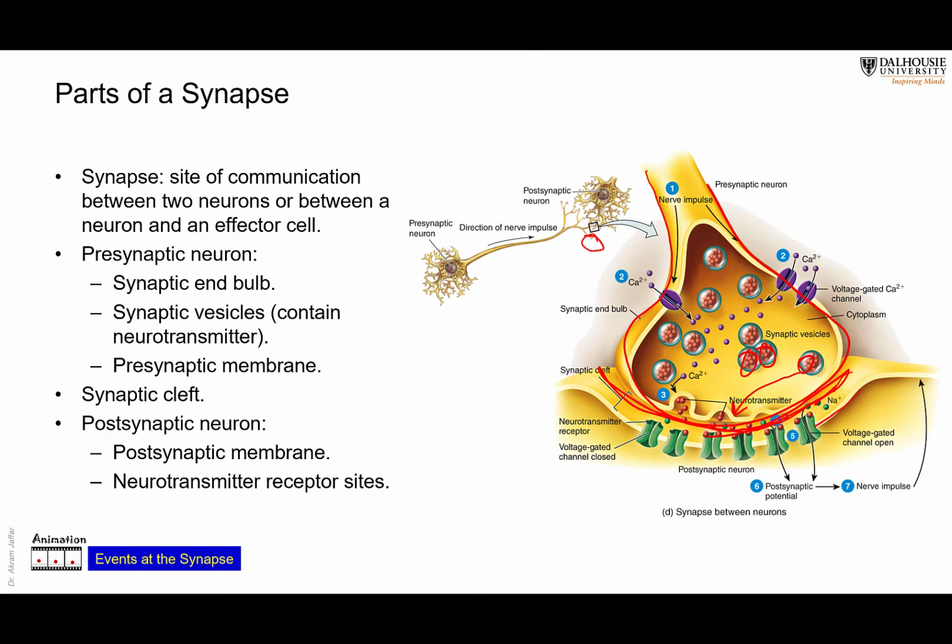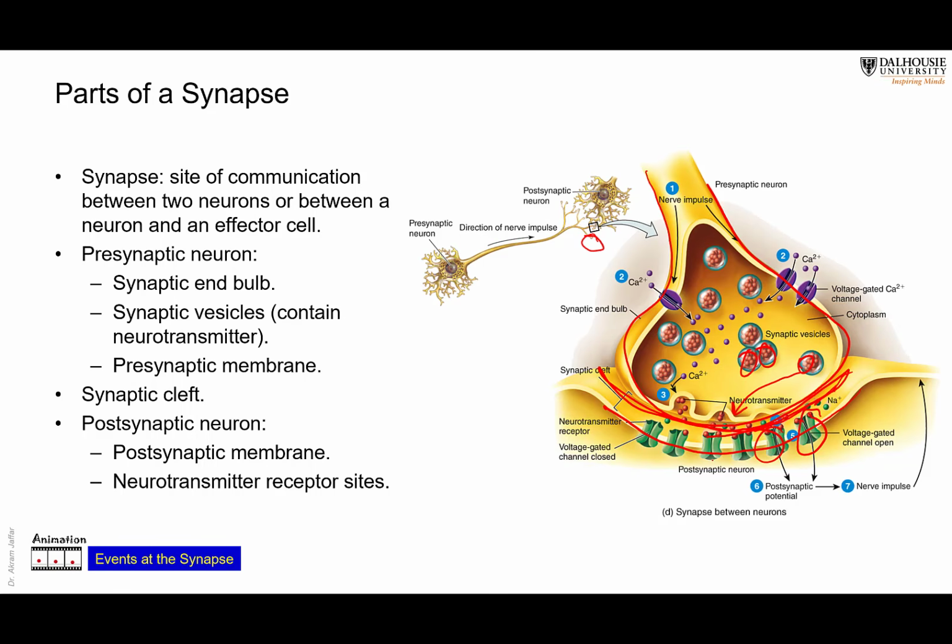And just opposite to it, here, for example, we have another neuron. It's not a neuromuscular junction. It's another neuron. And here there are receptors for that. Can you see the proteins, the green ones? These are receptors for the neurotransmitter. So they will stimulate the next neuron to be excited. Okay?